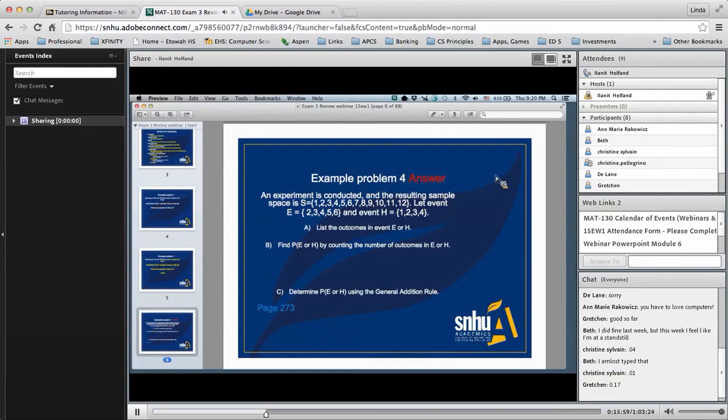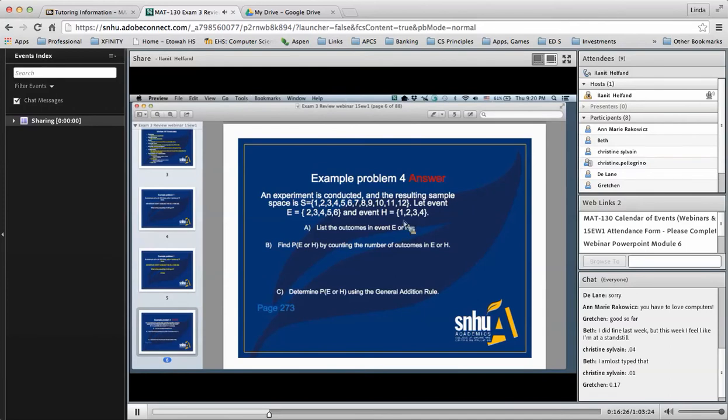So the first thing they want us to do is list the outcomes in the event E or H, right? So this is a matter of understanding what it means, E or H. Well, in order for something to be in E or H, it needs to either be in E or be in H. So anything that's in either E or H gets to be in.